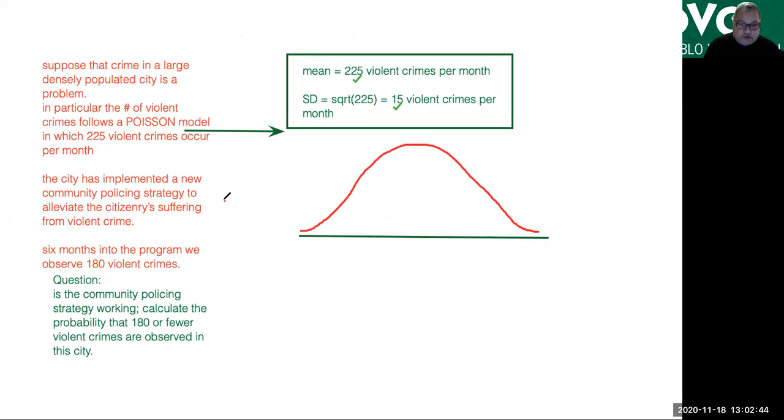That's an approximation, of course. But I do know that in this approximation, the center here is 225, and every 15 units, I'm going to put in a standard deviation.